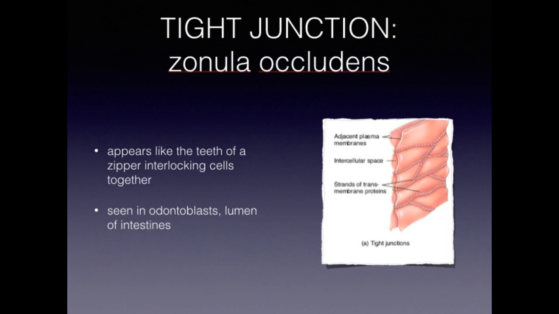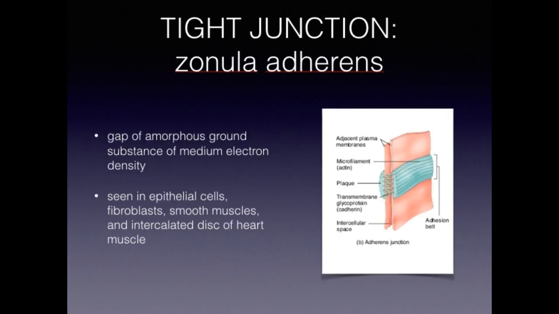The second part of the tight junction is the zonula adherens. And this is basically where the two cell walls are held slightly apart by a ground substance of medium electron density. So it's an amorphous ground substance.